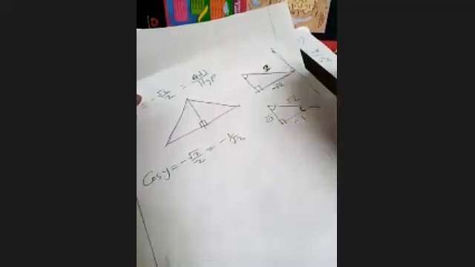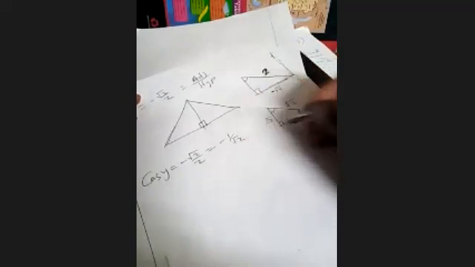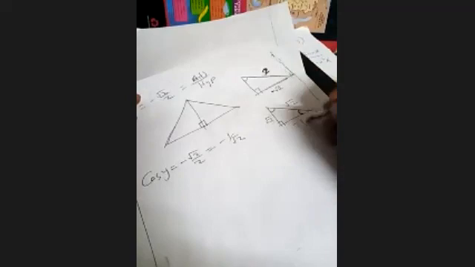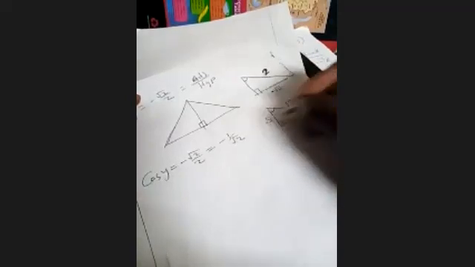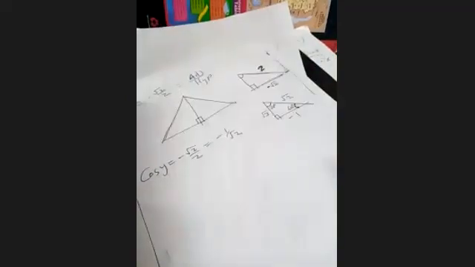Okay, so this distance is greater than this one. So what I know is that the angle opposite to this should be greater than the angle of that one. So this would be 60 degrees, then this would be 30 degrees in this case.